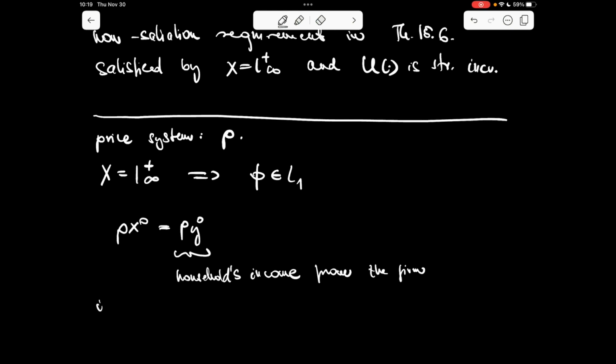In equilibrium, an interesting fact, in equilibrium, the consumption paths and the production paths are equal for any t.